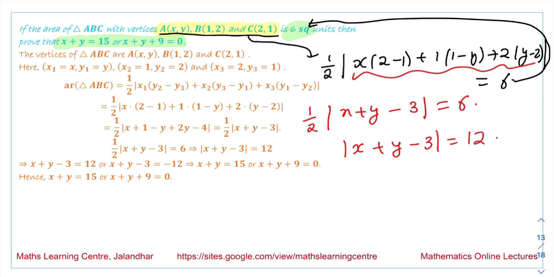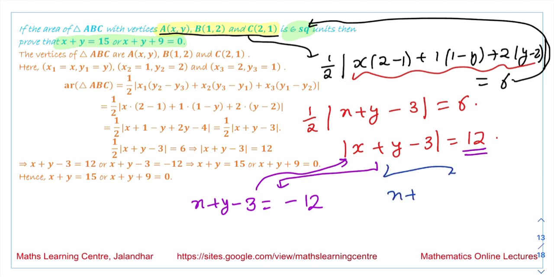You have not studied the mod function, but how you can understand this is, if I say x plus y minus 3 is equal to minus 12, then the mod of this value will be 12. If we say x plus y minus 3 is 12, then the mod of this value is also 12. In both the cases, the answer is this.